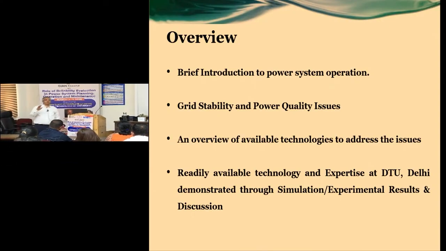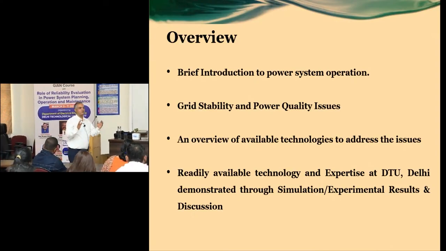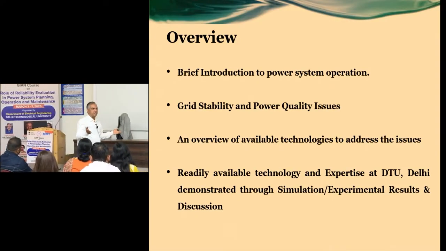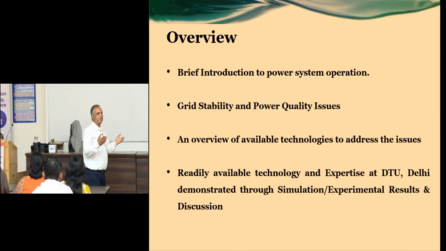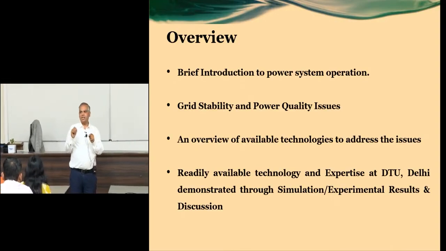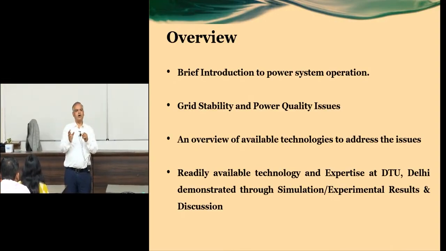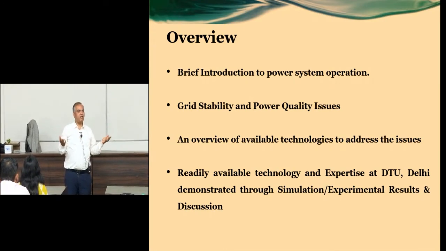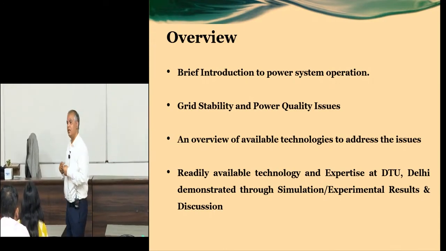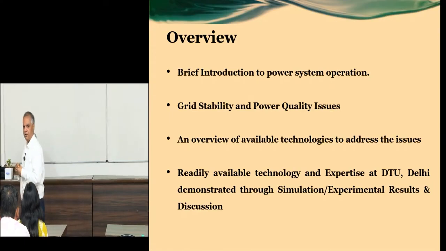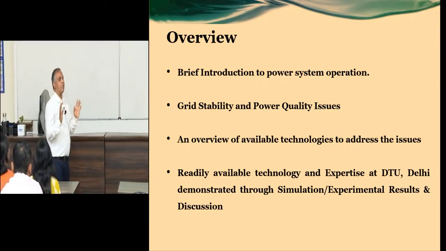If the losses are supposed to be negligible, then PG is equal to PD. So that means PG equal to PD plus losses, or I can say demand itself. So PG must be equal to PD at any time in order to keep your voltage and frequency constant. So that is the conventional way.